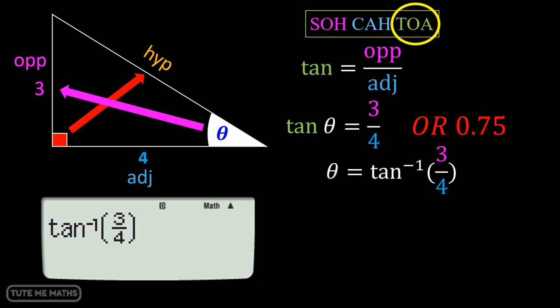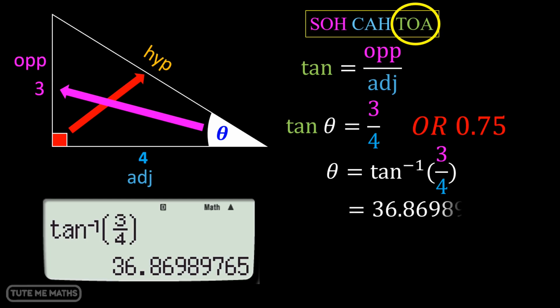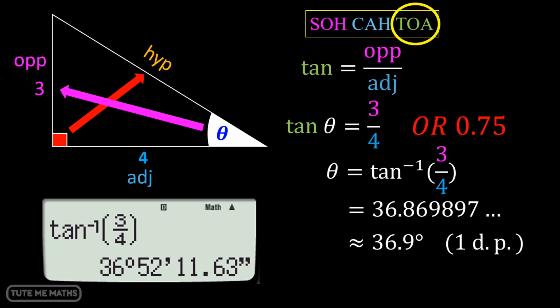Remember that you could have used 0.75 or even 3 divided by 4, which might even be faster than using the fraction key. We could round this to a required number of decimal places if requested, such as 36.9 degrees, but pressing DMS will change our unrounded answer to degrees, minutes and seconds. This time, our answer has less than 30 seconds, so rounding to the nearest minute, we'll leave it as 36 degrees, 52 minutes.